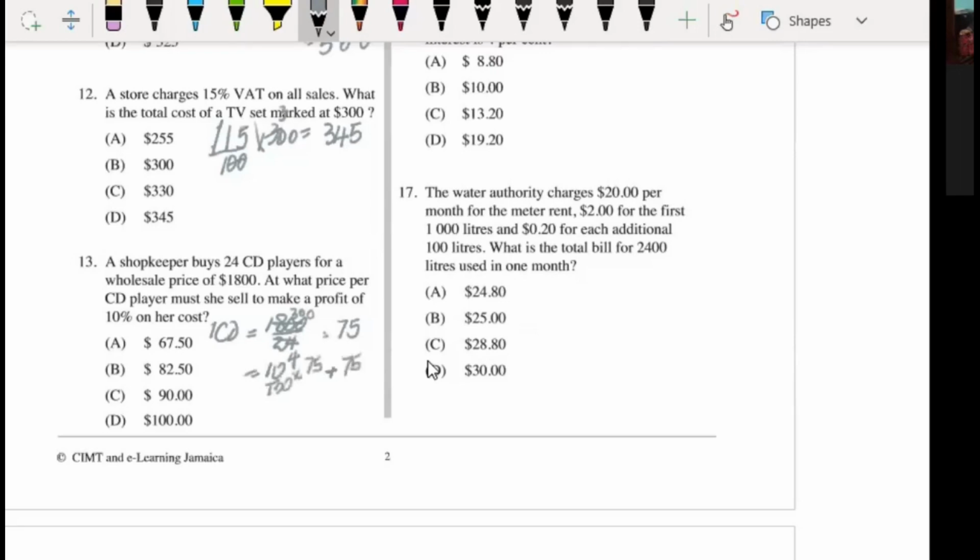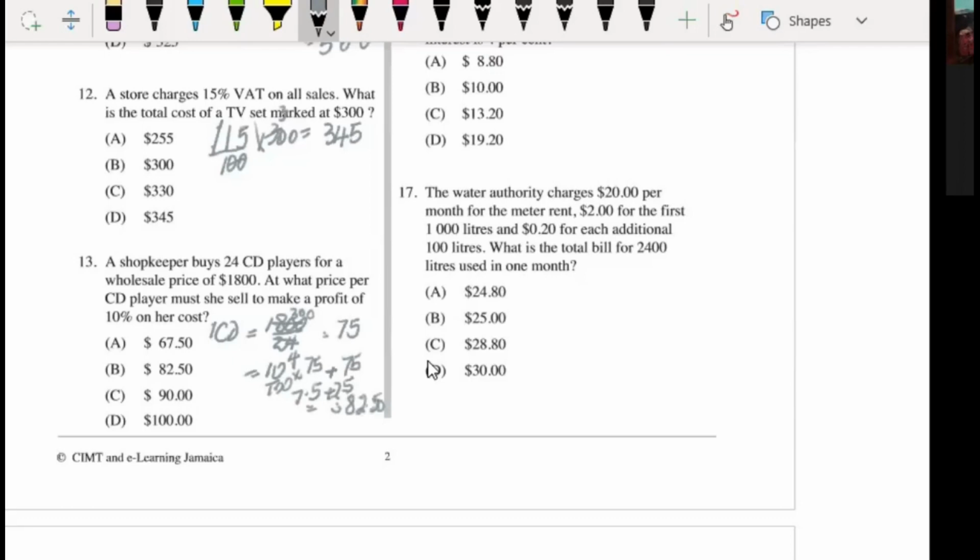This gives us $7.50 plus 75. So the answer is $82.50. So it is B.